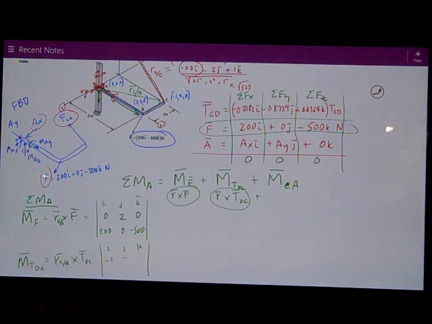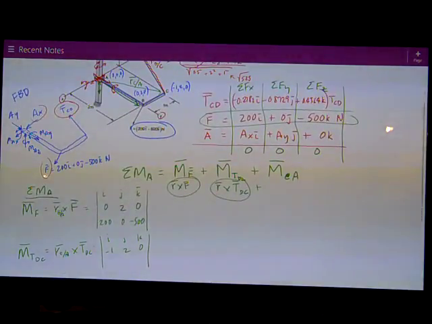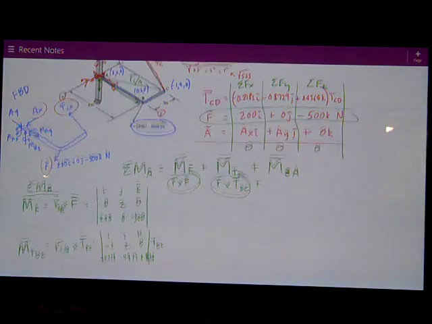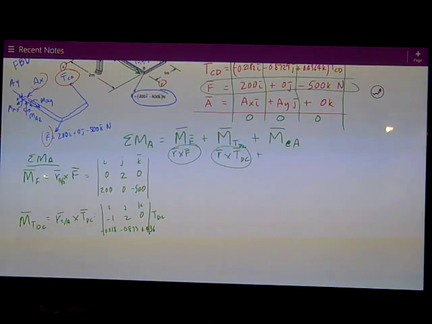Negative 1, 2, and 0, and the components of the force in the cable, which I have written up here: negative 0.218, I'm not going to write the fourth digit, negative 0.873, and 0.436. Everything in this one's times TDC. I'll evaluate that. And then I have the moment at A, because the forces go away when I take moments about A, but not those moments.